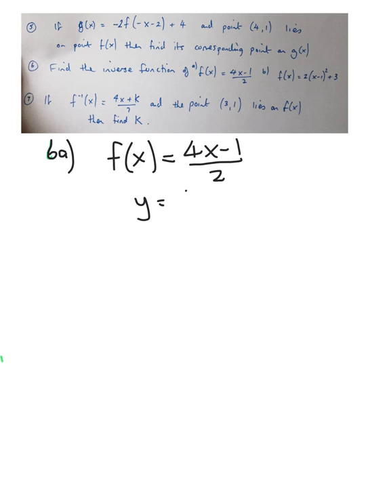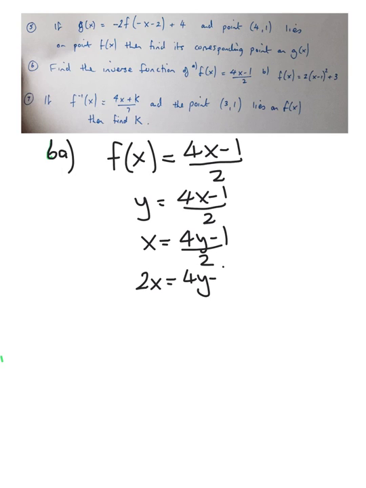Question 6, find the inverse of the function f of x equals (4x minus 1) over 2. So first rule is replace f of x with y. And we get that, interchange x and y, so we get x equals (4y minus 1) over 2. And we're going to solve for y now, so cross multiply with the 2, we get 2x equals 4y minus 1. We're going to add 1 to both sides now.